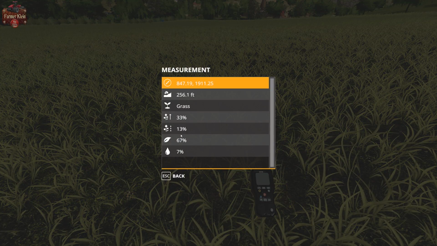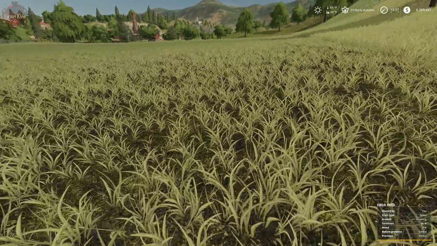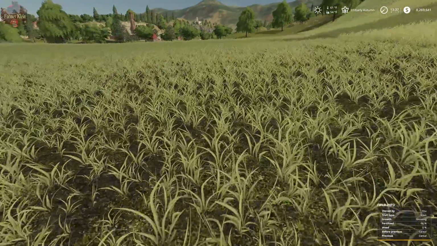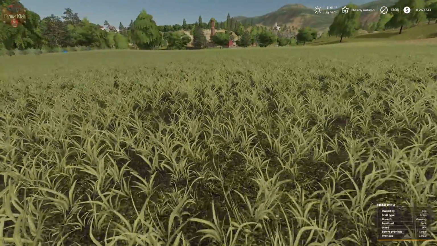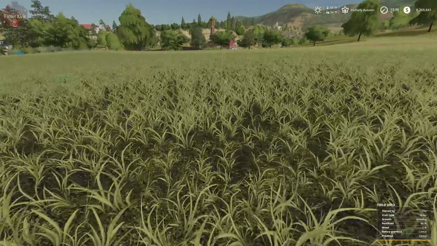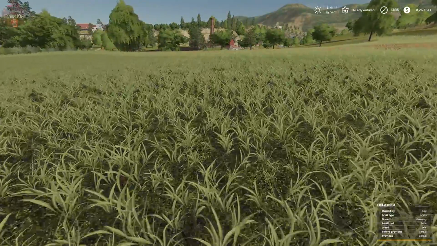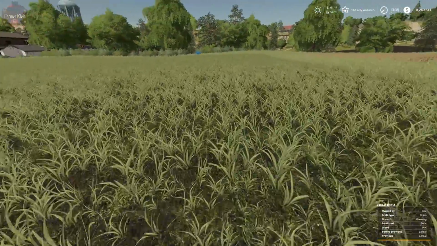measure our grass and see that we are at 13%. So we know that if we cut this grass, if it was cuttable, it's still in its first stage growth at 33%, so we won't be able to cut it at the moment. But if we were able to cut this grass, we would know that it would come out as semi-dry grass, and we would be able to let it naturally dry into hay.